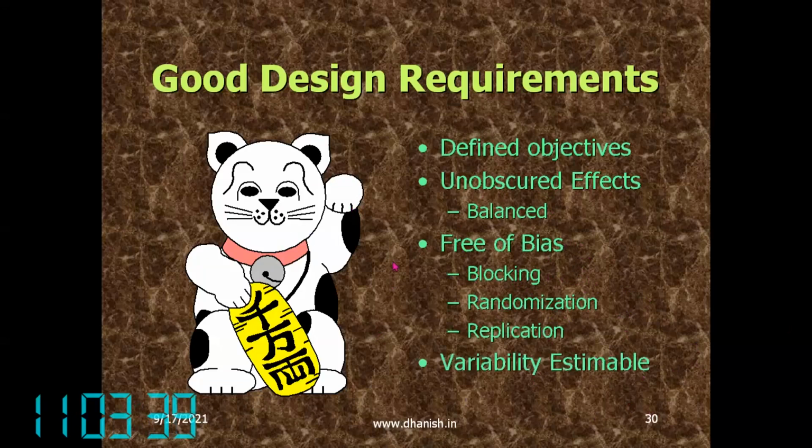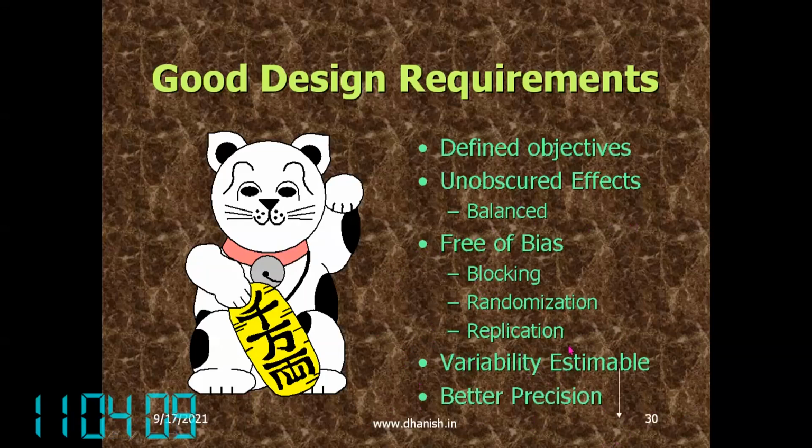Then the experiment design should be such that we can estimate the variability, so we can identify how much the variability is. To test for significance statistically, we need to have a measure of the variability in our experiment. That is a requirement of the design. If your experiment does not have repeated readings, then we cannot test for variability, or we have to make use of several assumptions.